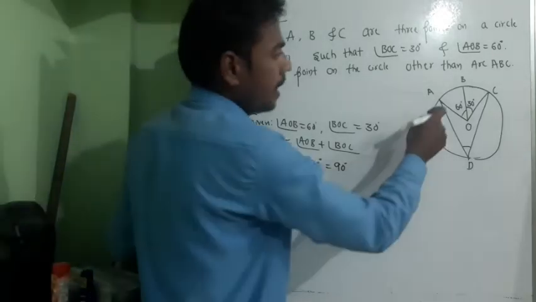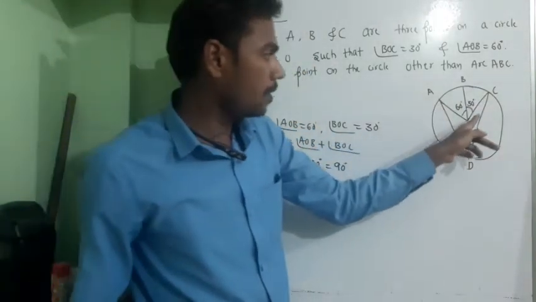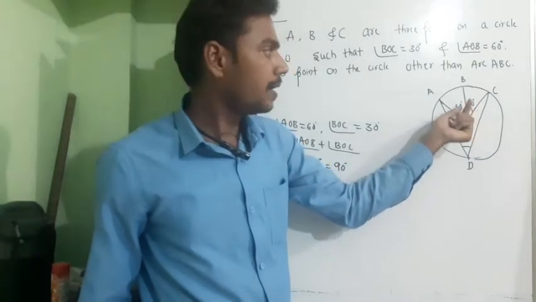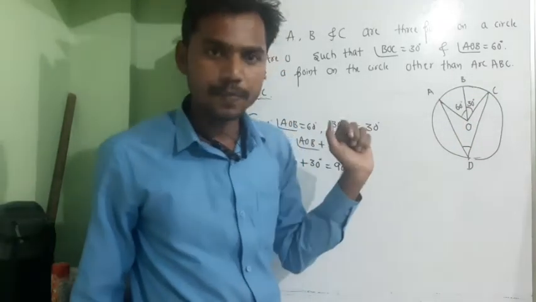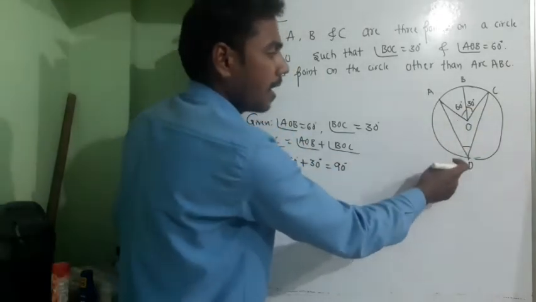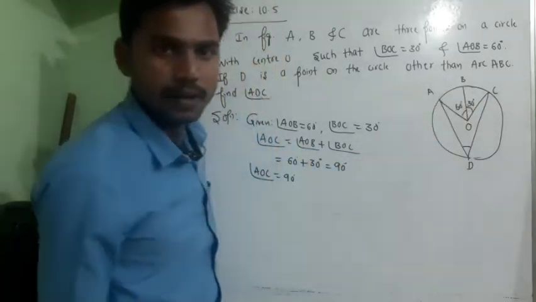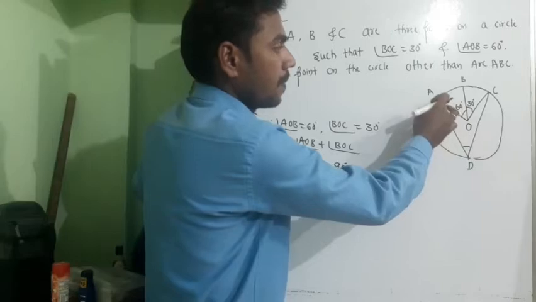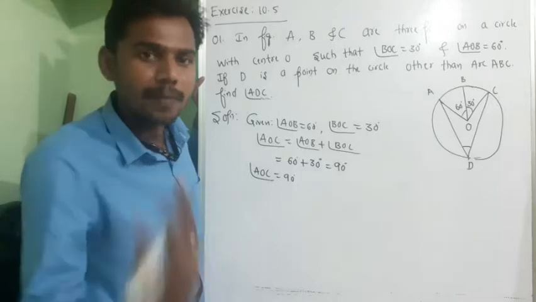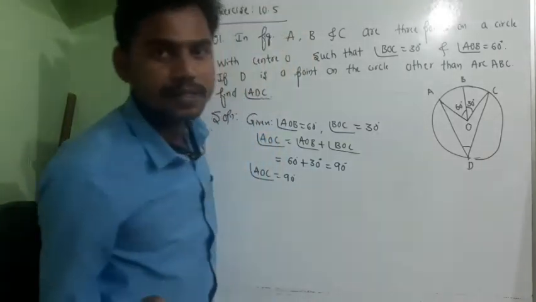Now, for arc AC, angle AOC is the angle formed at the center. So if it is 90 degrees, then what is angle ADC? That will be half of this angle. The angle formed at the center of any arc is double the angle formed by that arc on any point on the circle.